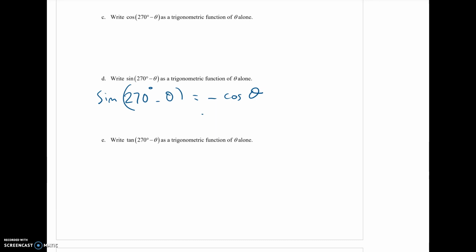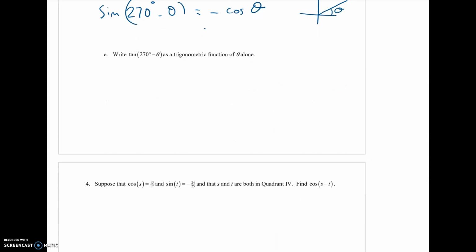If you decide to have an angle theta in quadrant 1, add or subtract from the quadrant 1 angle and see what the answer is. And you will see that the answer is negative cosine theta. So again, the only thing I need to do is add or subtract it from the quadrant 1 angle and see what the answer is.